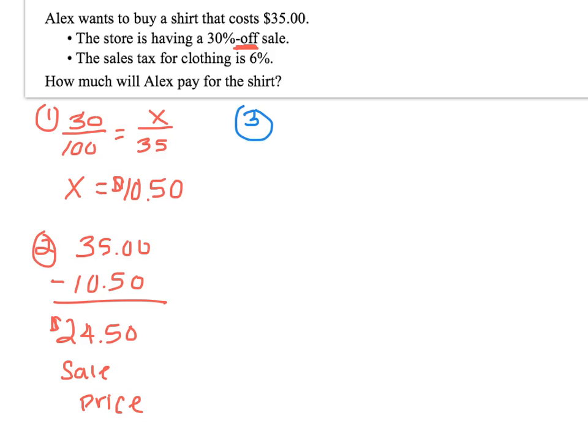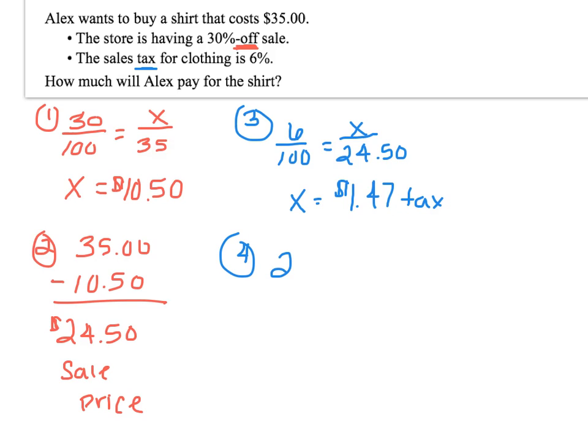My next step now is to figure out the tax. So we should have 6 over 100 equals X over $24.50. Always tax your sale price. And when we solve for X, we should get X equals $1.47. And again, that is the tax.